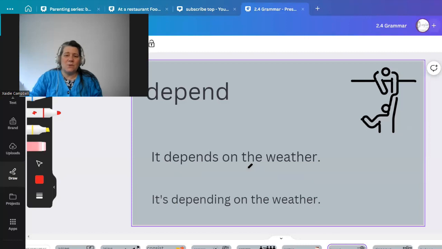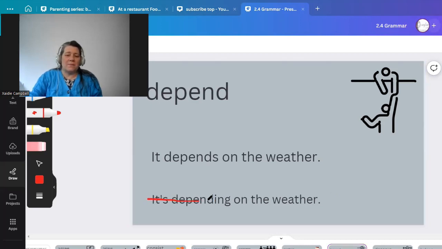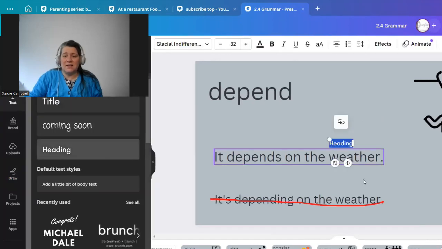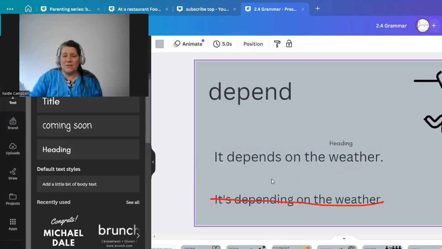Depend. It depends on the weather. It's depending on the weather. Okay. We wouldn't say it's depending on the weather. We would say depending on the weather, comma, ... In that case, depending is not, let's write that one down.